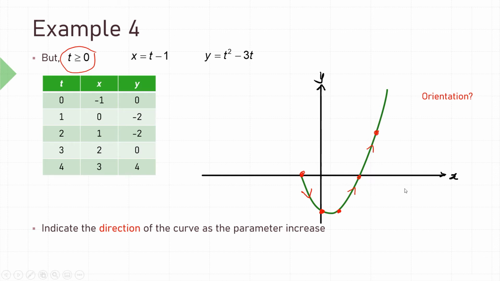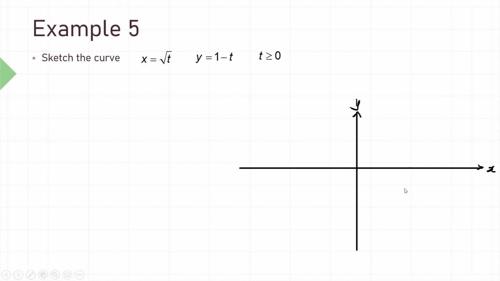All right, now we want to sketch the curve given by that parametric equations. So maybe we can eliminate the parameter. How to eliminate the parameter? We have to modify x equal to square root of t. So we have t equal to x squared because we square both sides of the equation.